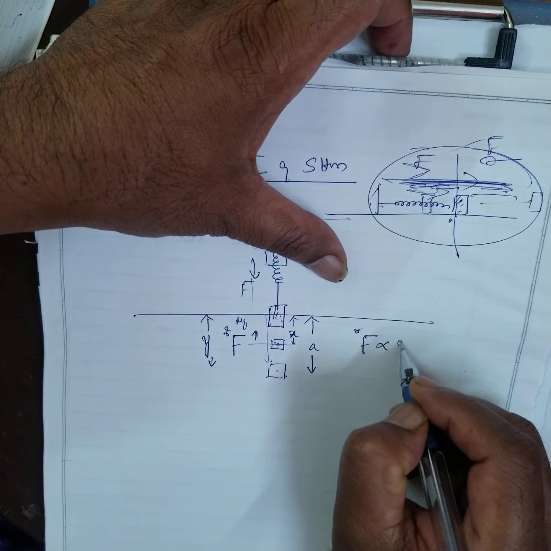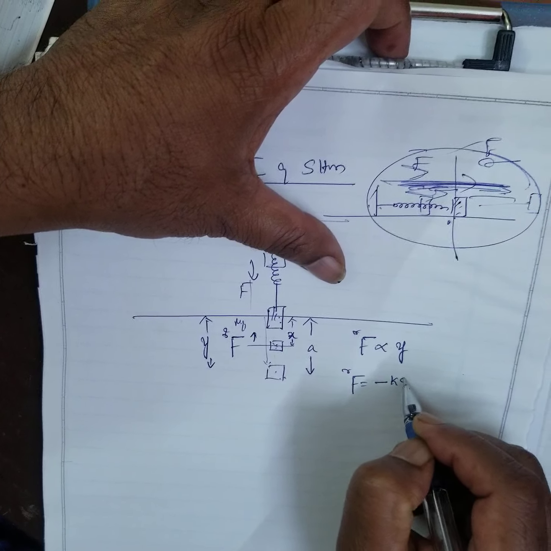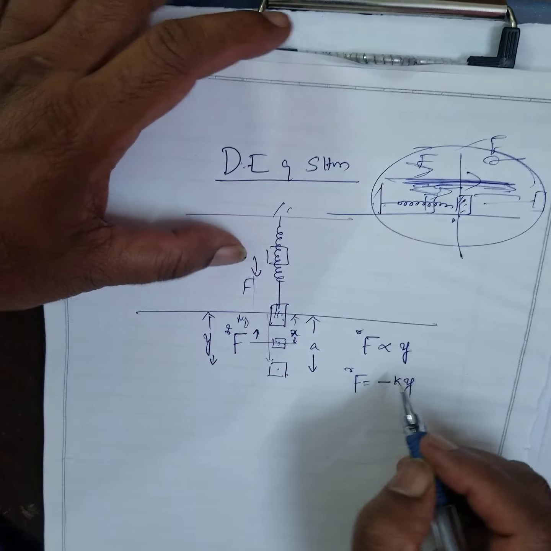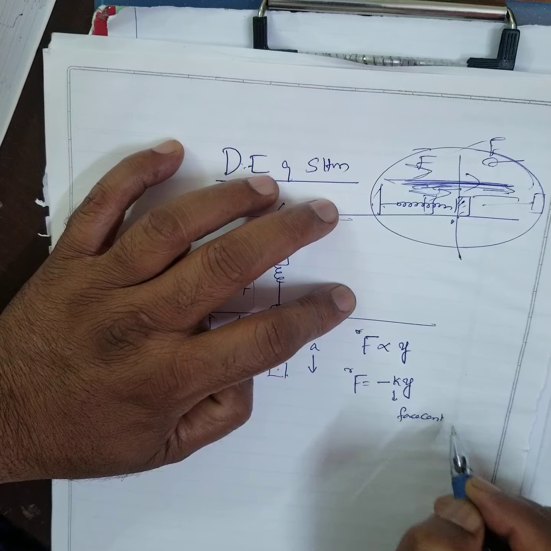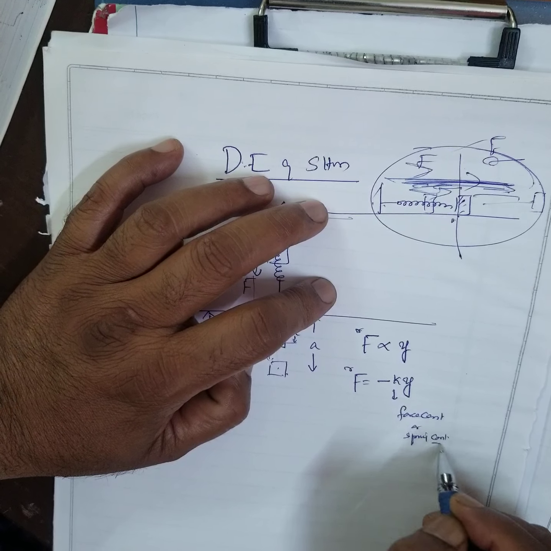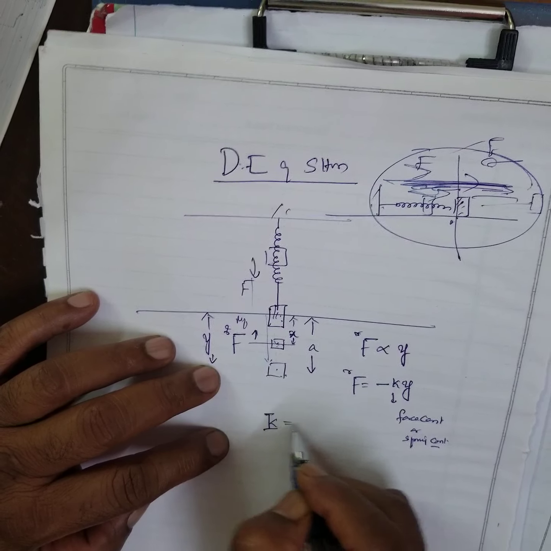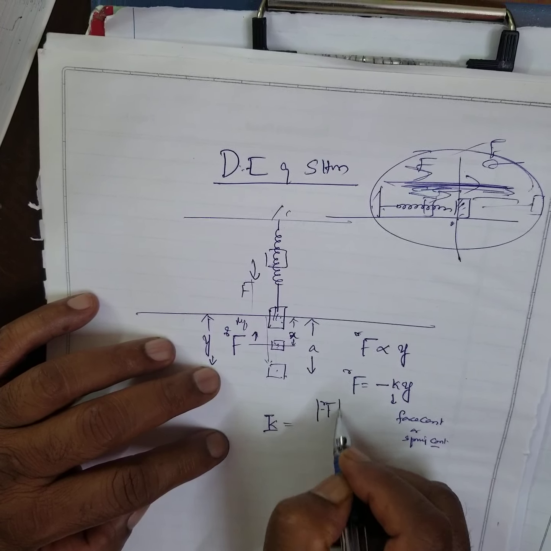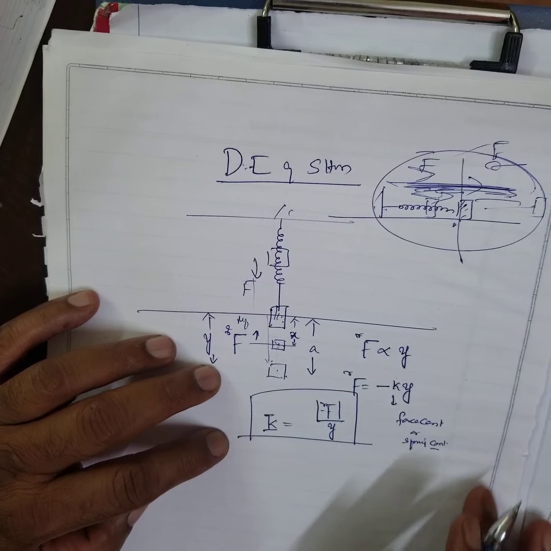Therefore, the restoring force is directly proportional to y, or restoring force is equal to minus k y, where k is also called the force constant or spring constant. k is the magnitude of the restoring force divided by the displacement.